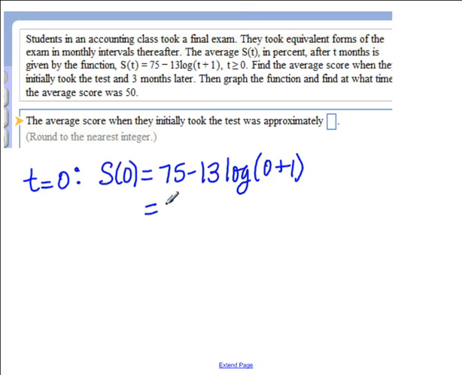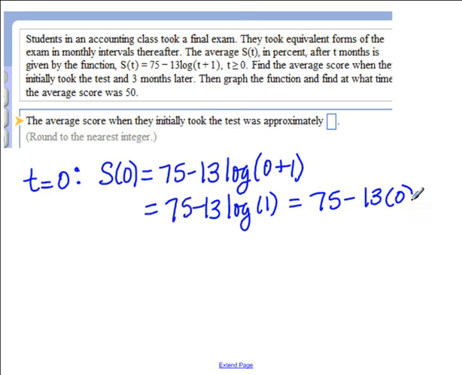So in this case, we're going to get 75 minus 13 times the log of 1. What is the log of 1? We're thinking of what power of 10 gives us 1, and that is 0. So this is really 75 minus 13 times 0, which is just going to be 75.